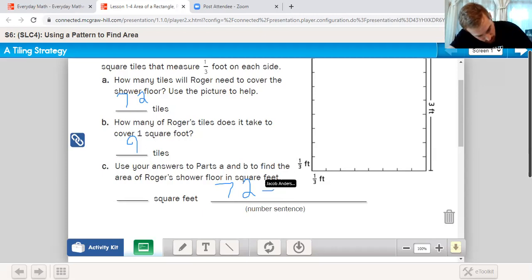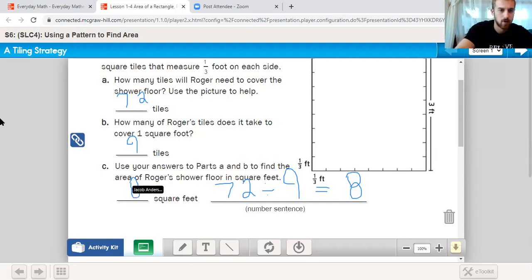And we know 8 times 9, which we already did, gave us 72. So there we go, we have our answer. We have 8. So the shower floor is 8 square feet.